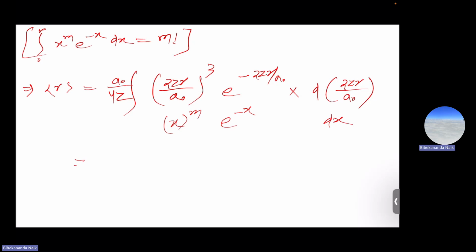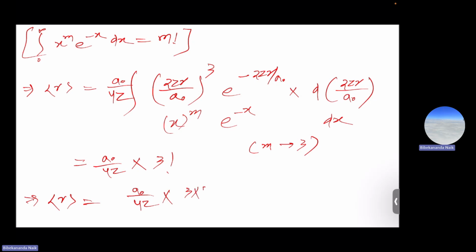Here m is 3, so we can write it as a0 by 4z into 3 factorial. So the expectation value of r will be a0 by 4z times 6, that is 3a0 by 2z.